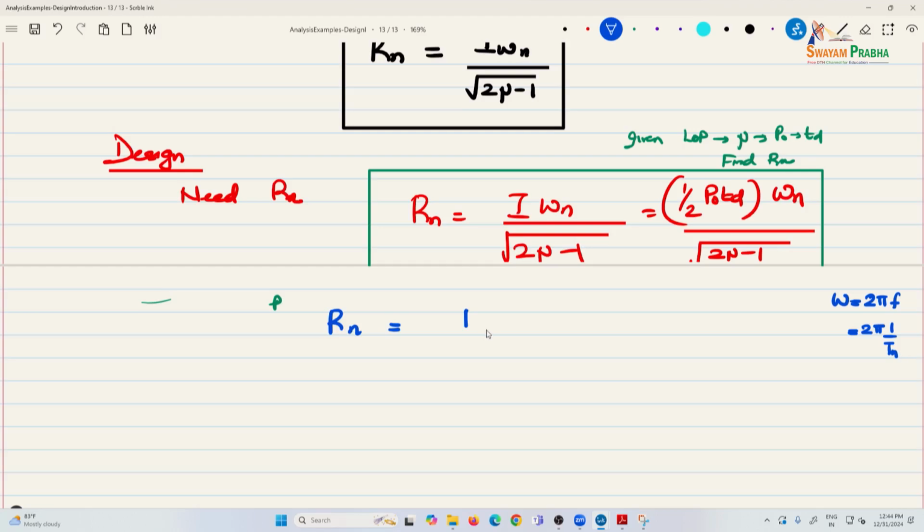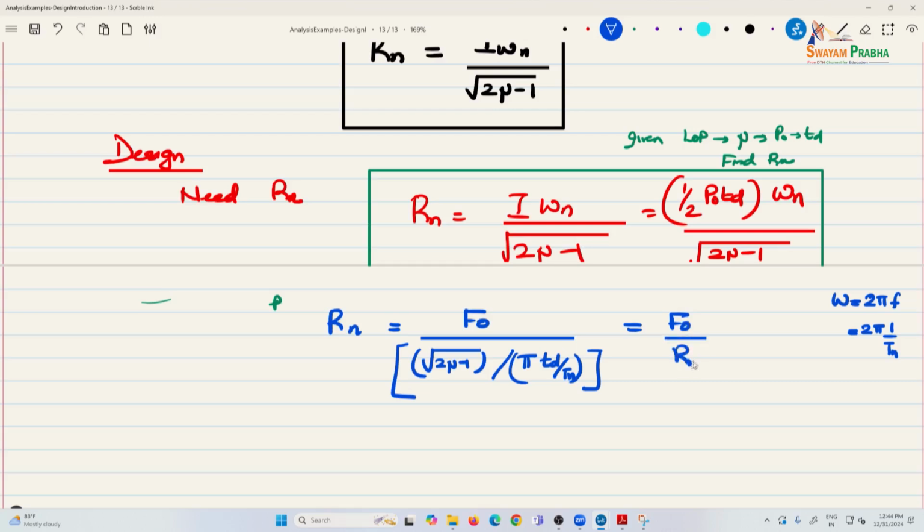So using that also we can now express this as F naught divided by square root of 2 mu minus 1 divided by pi Td over Tn. Or F naught by RMF.